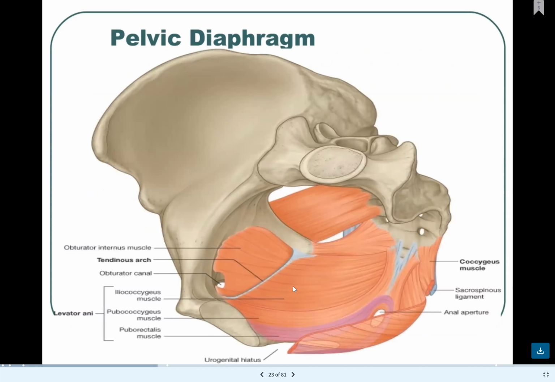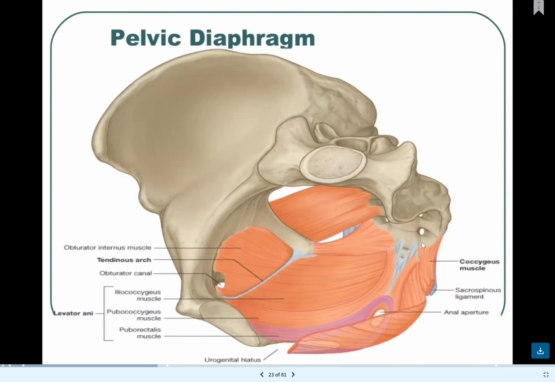So it is made up of the levator ani muscle, and the levator ani muscle is made up of the iliococcygeus muscle, that means coming from the ilium to the coccyx, okay? And then we have the pubococcygeus muscle, and that is this one, coming from the pubis to the coccyx.